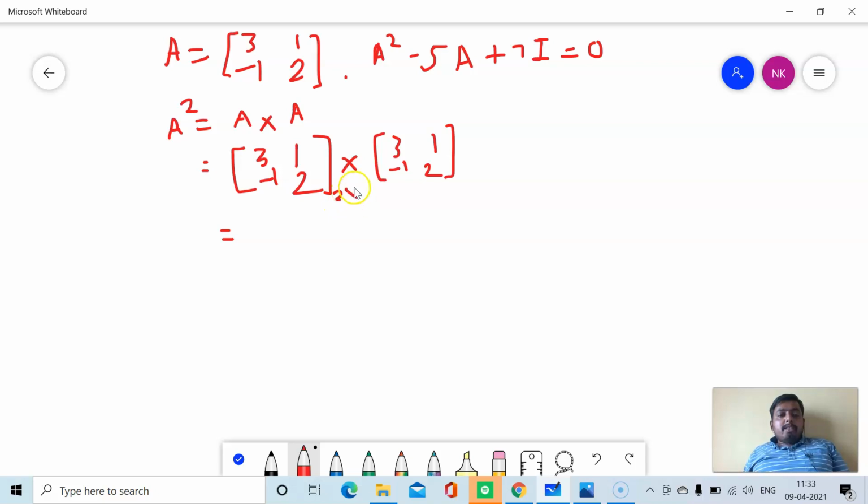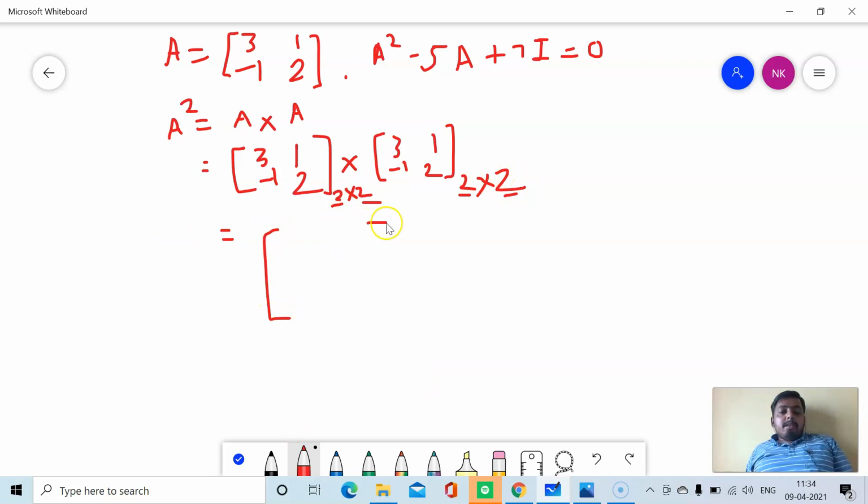Now, this is a 2 by 2 matrix and this is also a 2 by 2 matrix. There are 2 rows and 2 columns. Now, if the number of columns of the first matrix and the number of rows of the second matrix are the same, then the resultant matrix takes the first number of rows and the last number of columns.